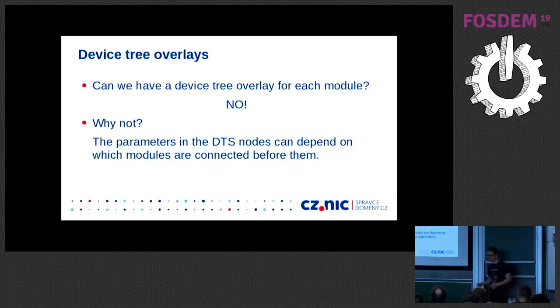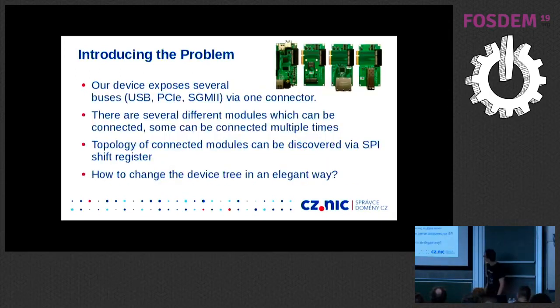For example, the module for the SFP cage depends on whether it is, for example, in the third place, or directly connected to the CPU module, because there are GPIOs on the SFP cage, and the GPIOs can be read via the SPI line, via which the topology is also read.